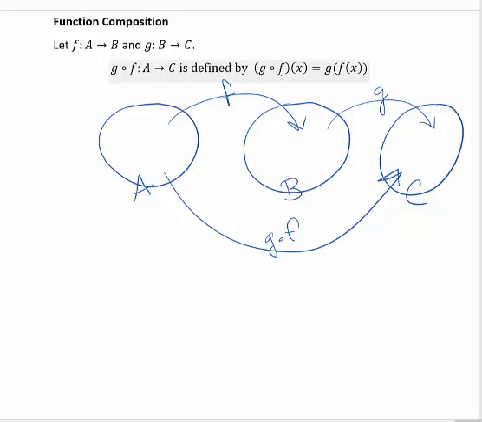And let me just mention something now that you probably don't see much of in other classes. Usually authors are careful to write G circle F or G composed with F. But in algebra, we're just going to write GF. It does not mean multiplication.